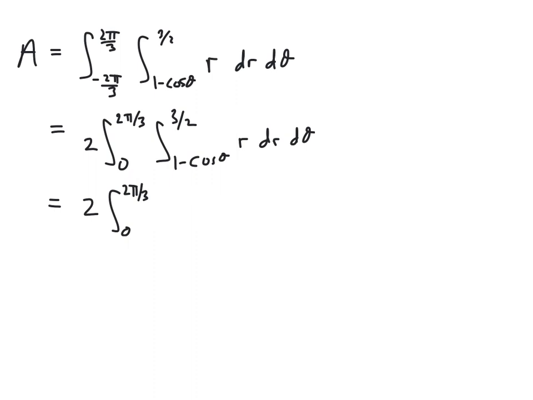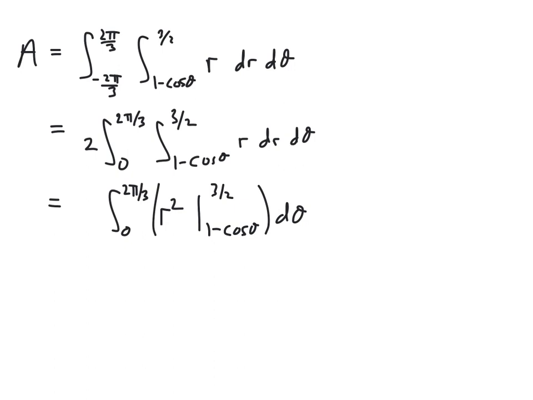The antiderivative of r is r squared over 2. To simplify, I'm going to erase that 2, since the 2 and the 1/2 cancel. So we just have the integral of r squared evaluated from 1 minus cosine theta to 3/2, all d theta.